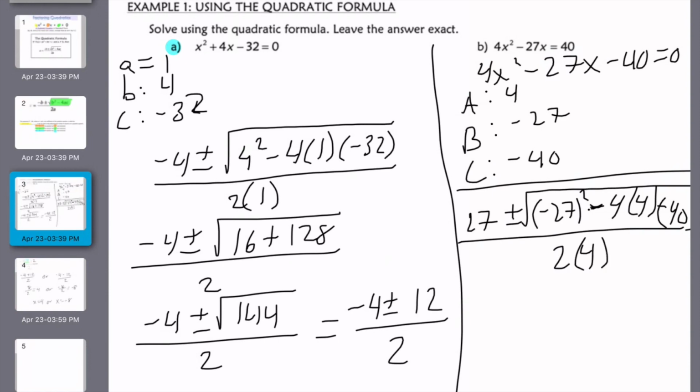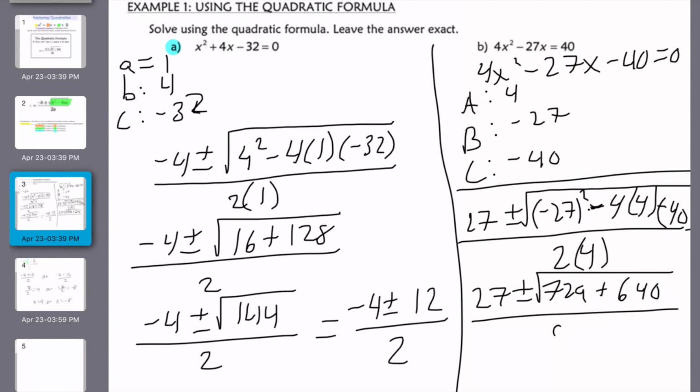So let's do this. I'm going to try to simplify in each part. So I have 27 plus or minus the square root of 729 plus 1,000, plus 640, all over 8.